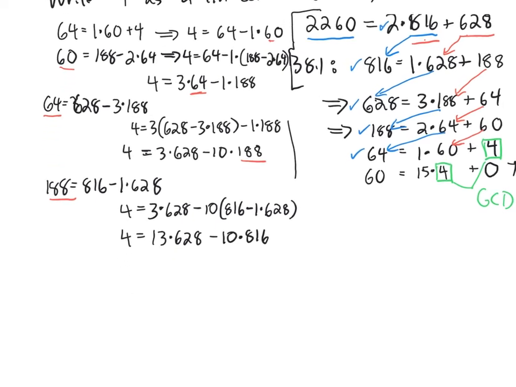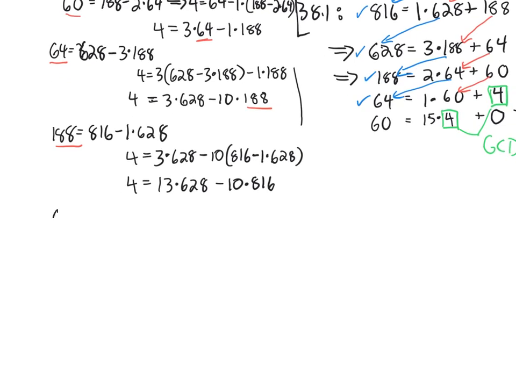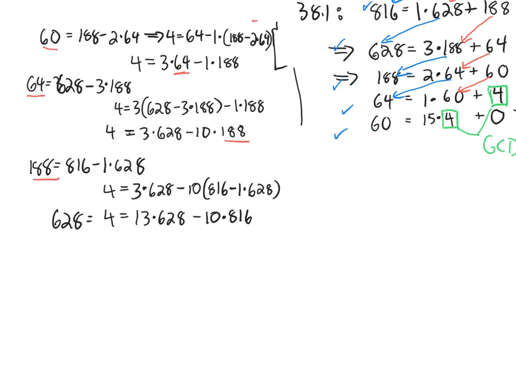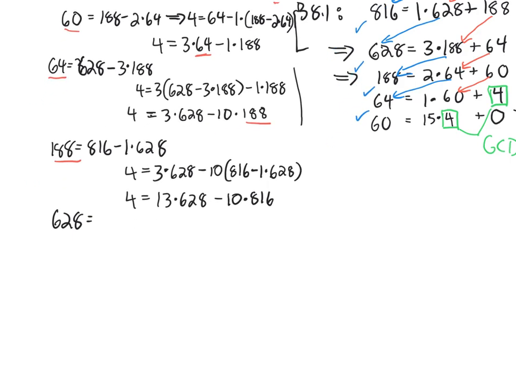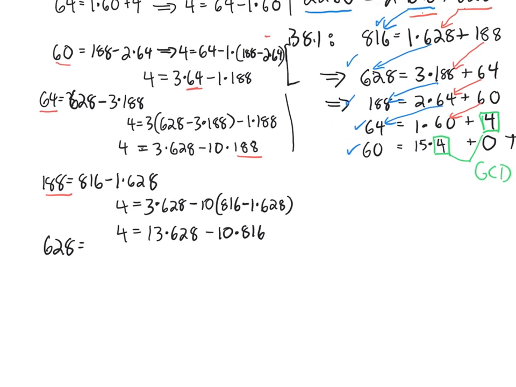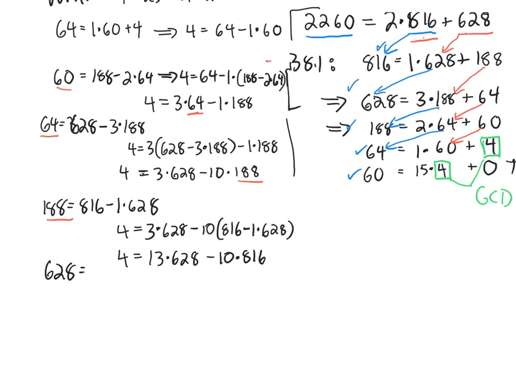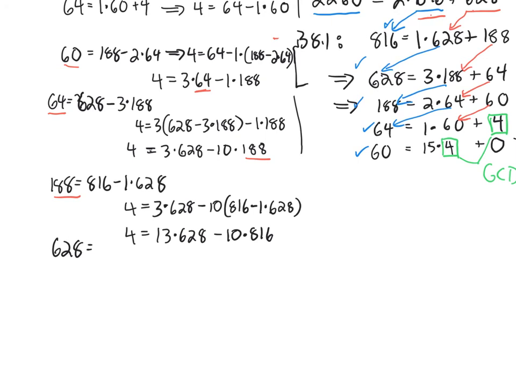So we get that 628 equals, what did that equal? Oh, how did that go? Like this. So that was 1 times 628. Okay, so 628 is 816. Oh no, it isn't, sorry.